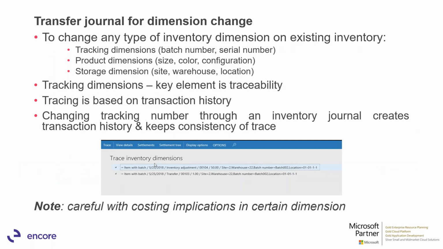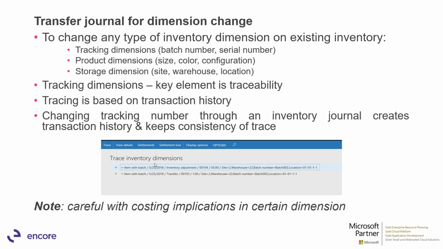So in addition to the scenarios that I mentioned above, the majority of users often forget a very, very important use of the transfer journals. It is if items are received onto inventory with the wrong inventory dimension, any kind of inventory dimension.